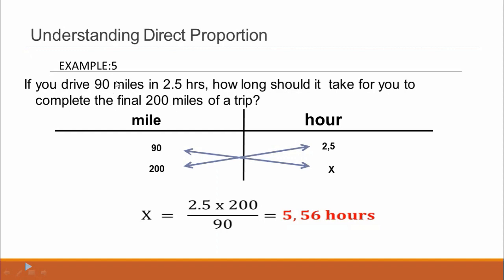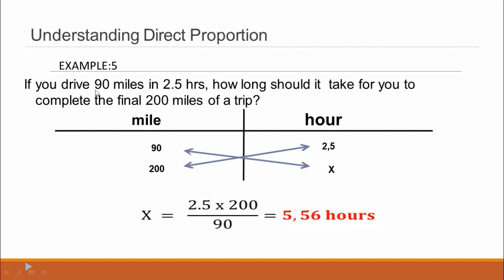So first of all, write the 90 and at the bottom write the 200. Now present the second quantity in the second column, hours. In the first sentence we have 2.5 hours, and in the second sentence the hour is unknown.